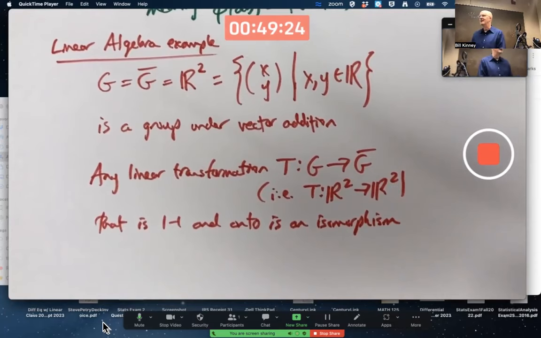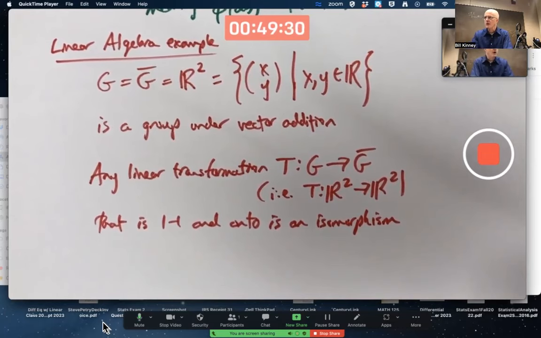It also turns out to be a vector space isomorphism, as you learn in linear algebra, which implies a little bit more than being a group isomorphism. Any vector space is a group under addition, but with vector spaces, you also have scalar multiplication involved, which we don't with groups.